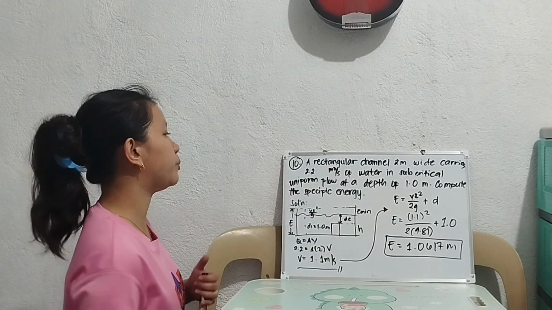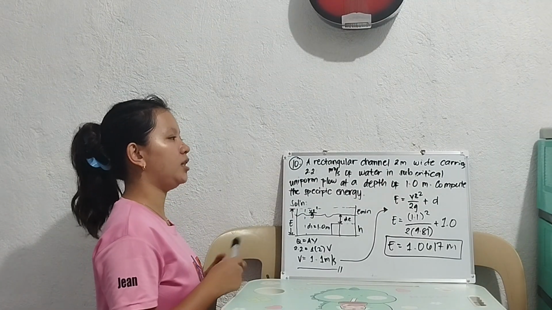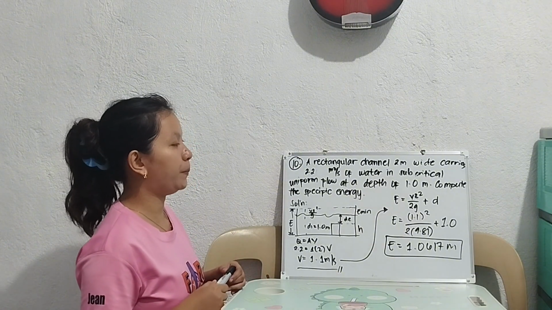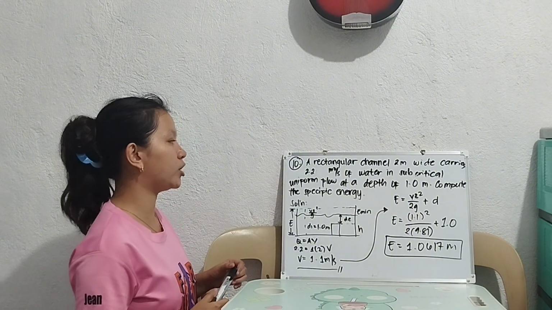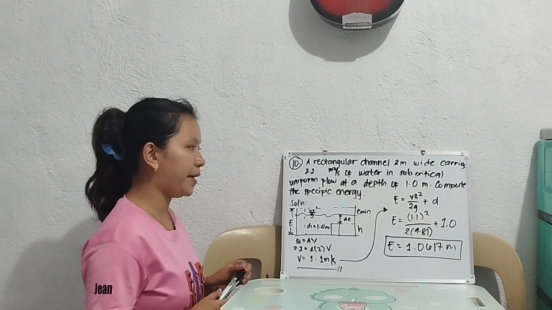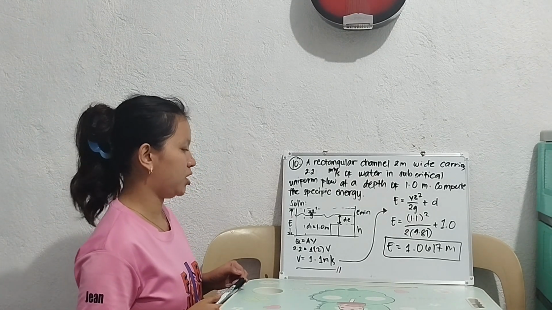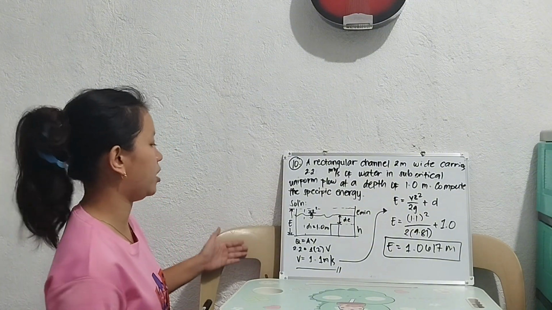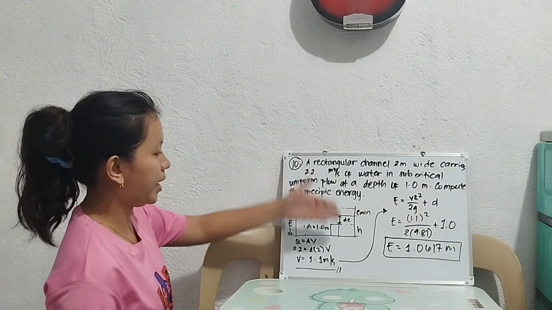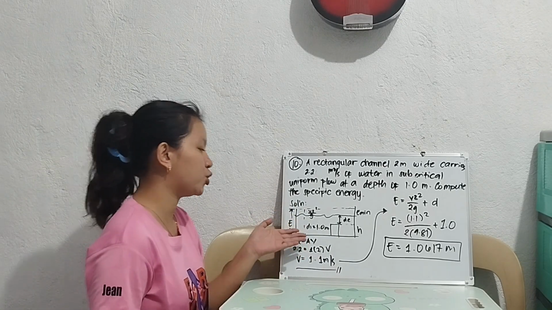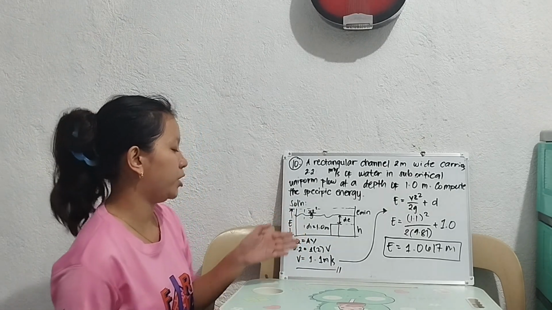Okay, so for problem number 10, a rectangular channel 2 meters wide carries 2.2 cubic meter per second of water in subcritical uniform flow at a depth of 1.0 meter. Compute the specific energy. So we have a figure here, the A, then A minimum, then times the height, the vertical depth, and the first depth is 1.0 meter.